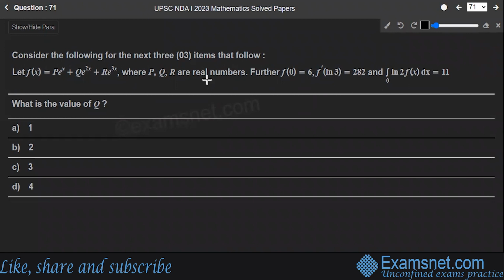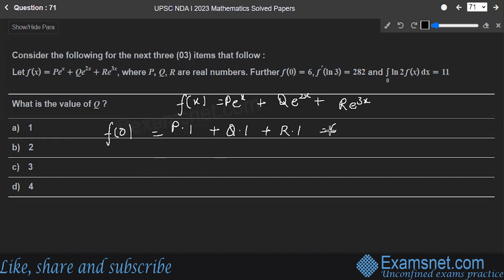Okay. So f(x) is equal to p e raised to power x, q e raised to power 2x, and r e raised to power 3x. You are given f of 0, which means p into 1, q into 1, r into 1 is equal to 6, which means p plus q plus r is equal to 6.